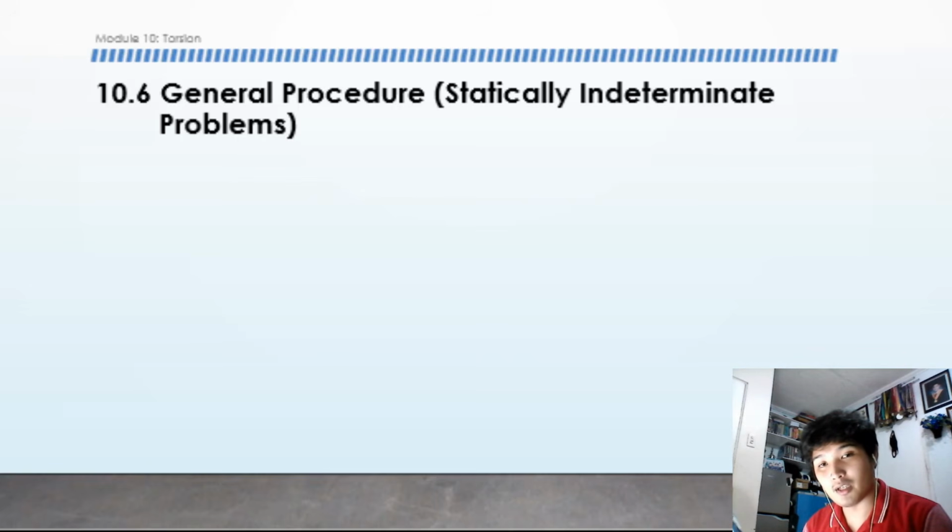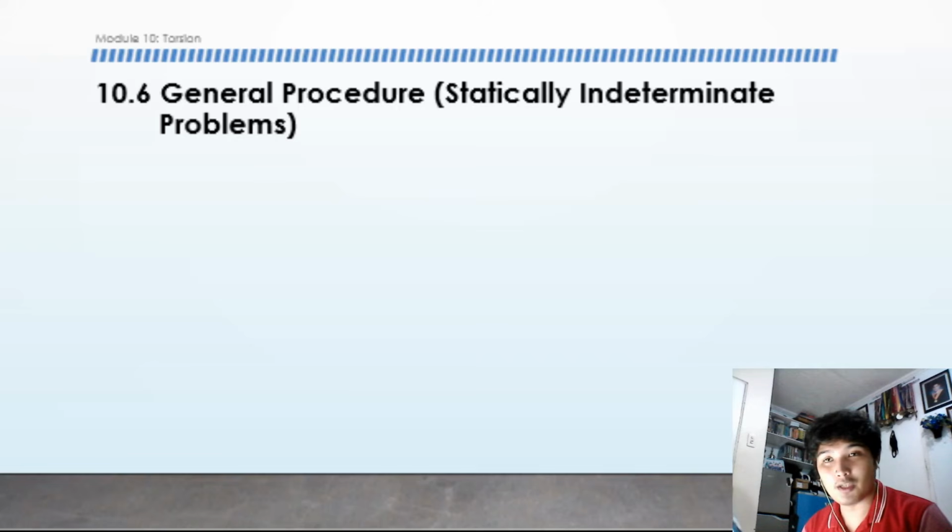So, nakukuha mo agad yung mga reaction. Pero once na yung problem, hindi mo na siya nakukuwang na madali, or hindi na enough yung equation of equilibrium para masolve yung mga reaction, therefore kakailanganin natin ng mga additional equation.